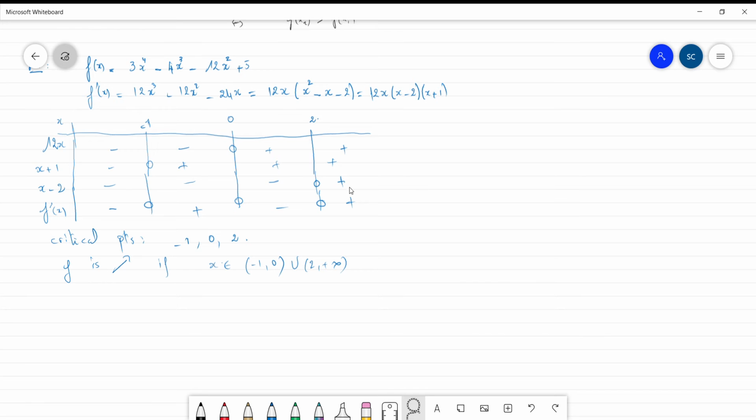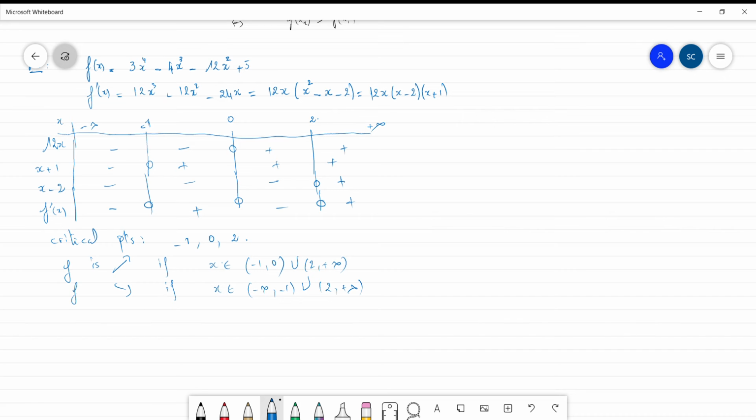And you see that f prime here is negative, so your function will be decreasing on this interval and on this interval. So let's add minus infinity and plus infinity. f is decreasing if x is in (minus infinity, -1) union (0, 2).